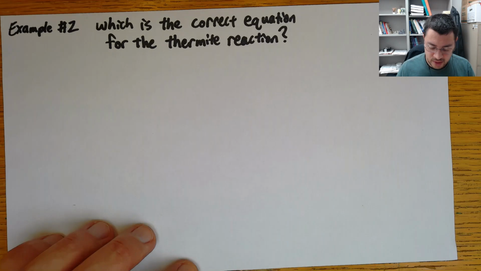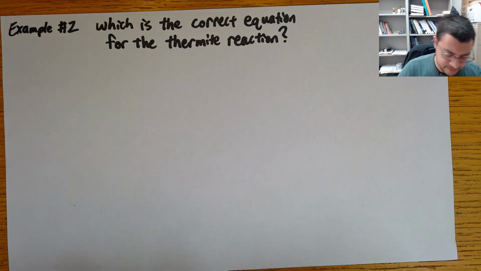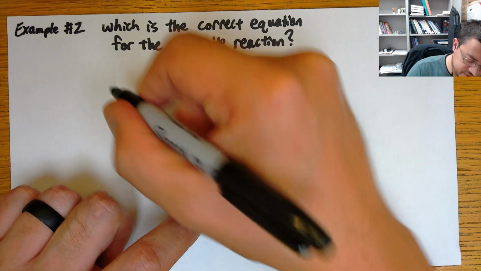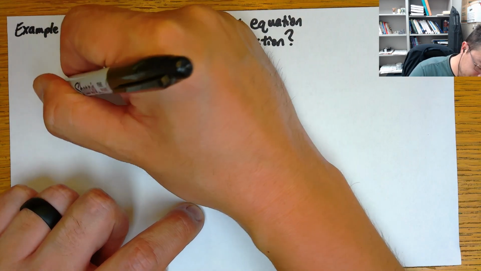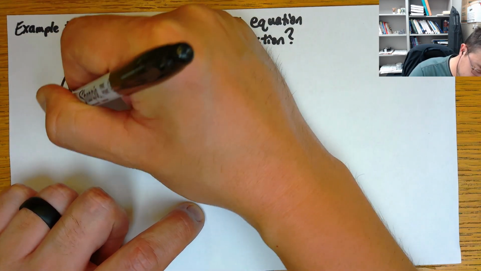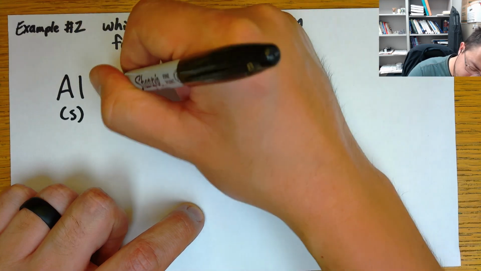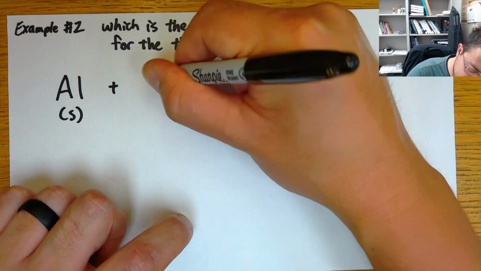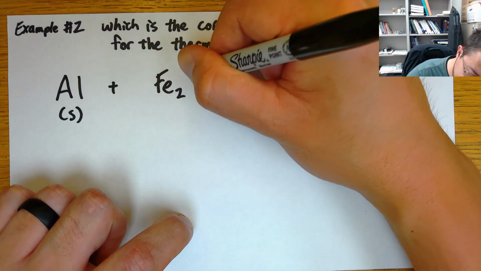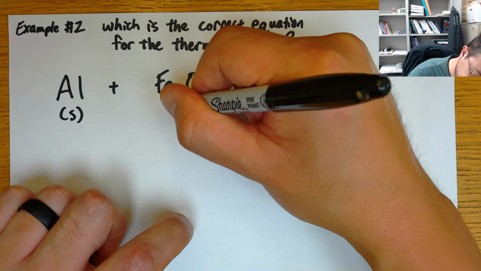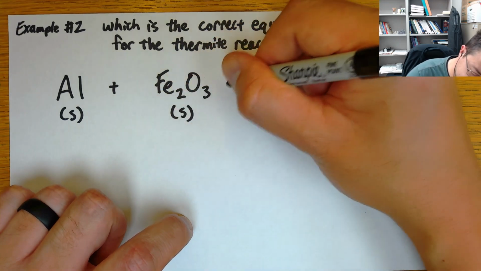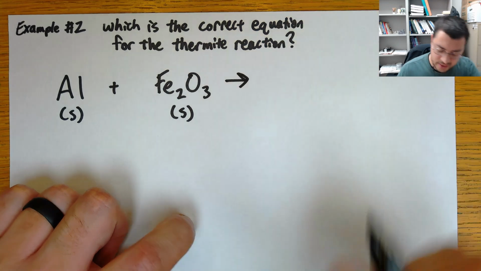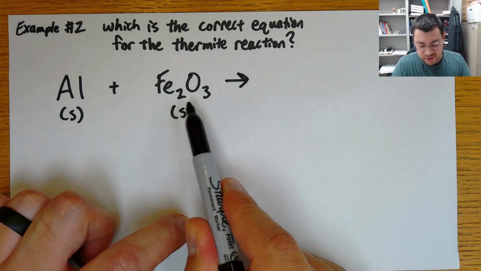So let's come up with some reactions here. We could try adding elemental aluminum to iron(III) oxide as a powdered solid.